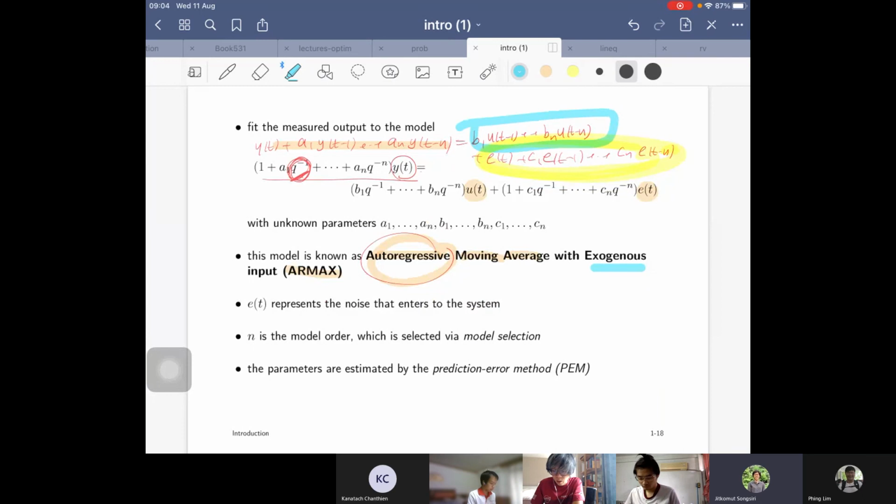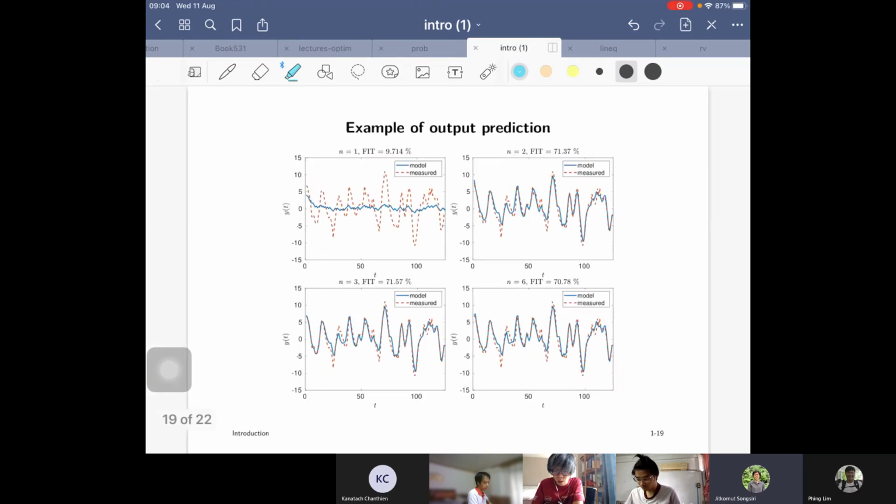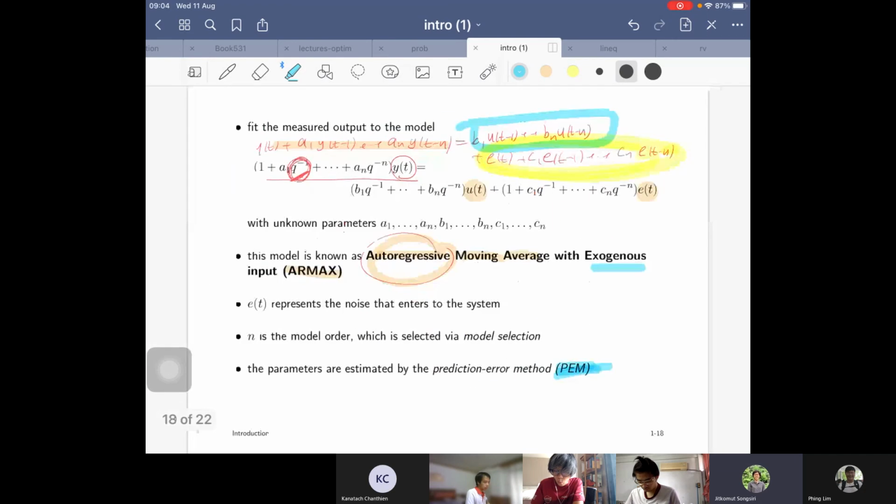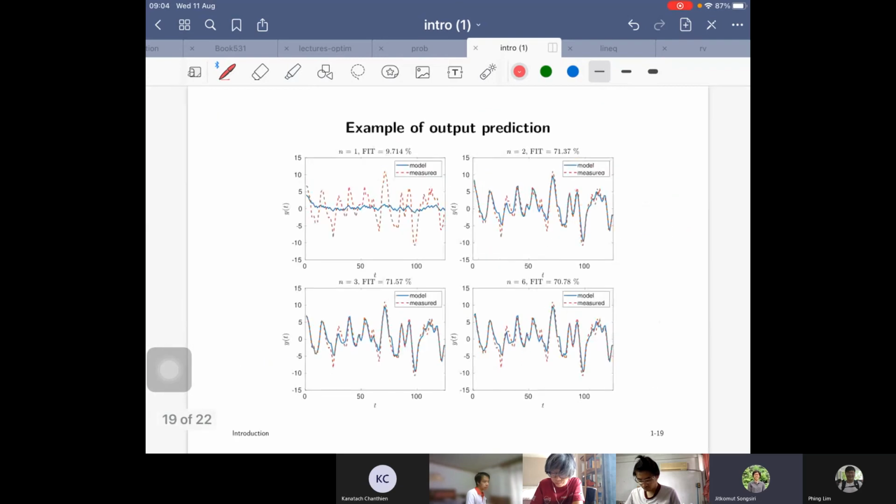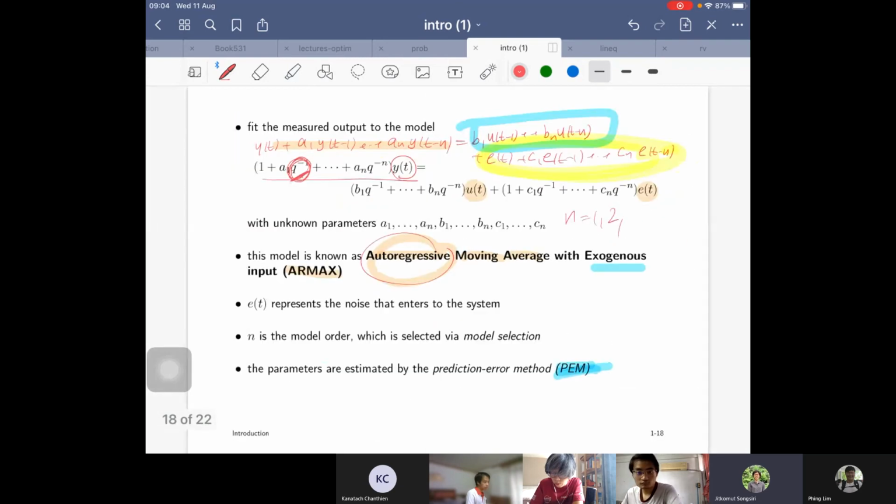Let me mention that, in order to estimate this model class, we're going to use the prediction error method, PEM. Once we estimate, this is the result. We're going to vary the model order n from 1 to 3 and 6.